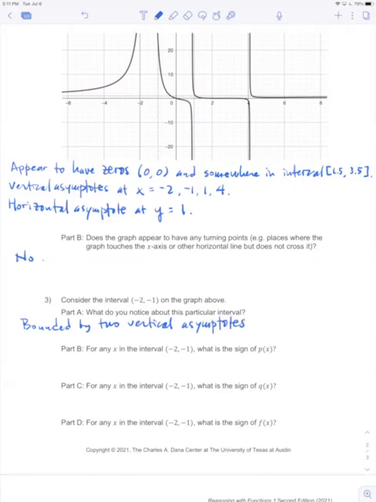Part B, for any x in the interval -2 to -1, what is the sign of p of x? Well, all values for p in this interval are going to be positive.